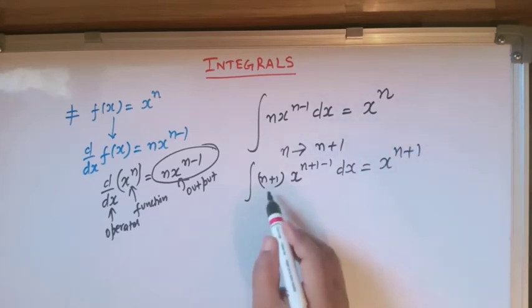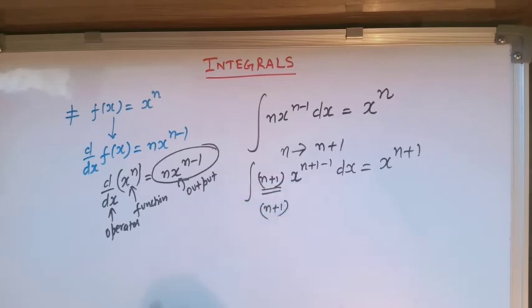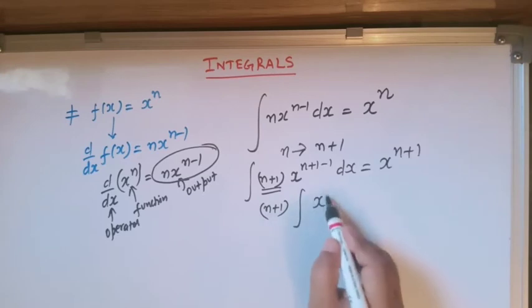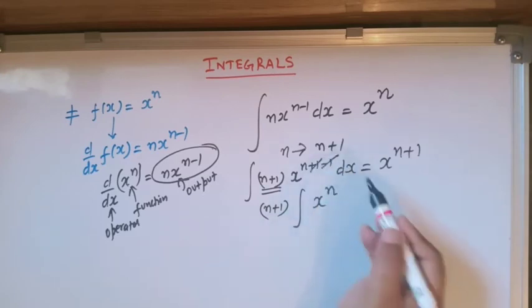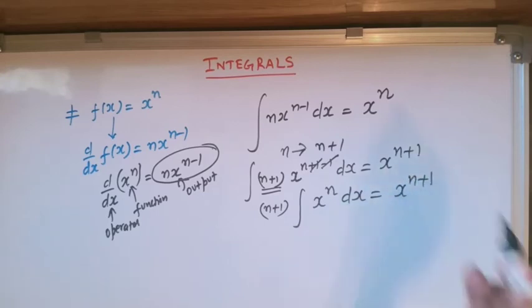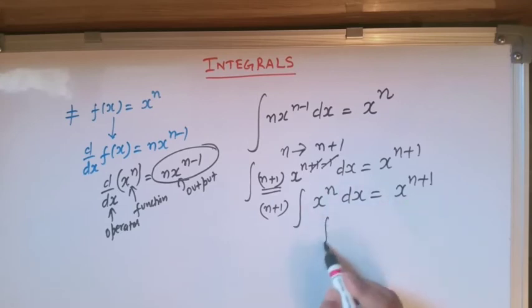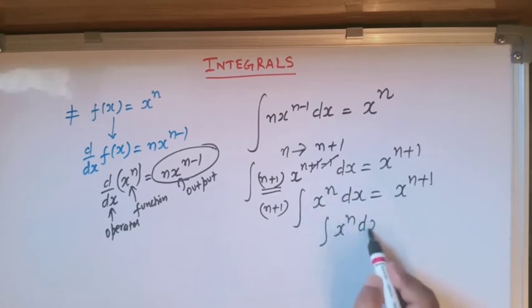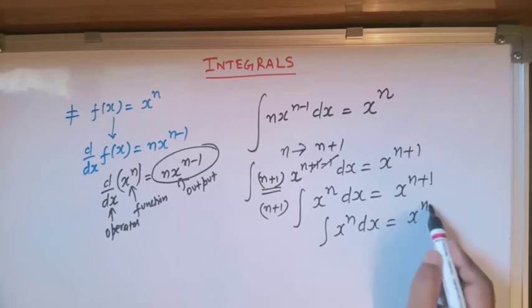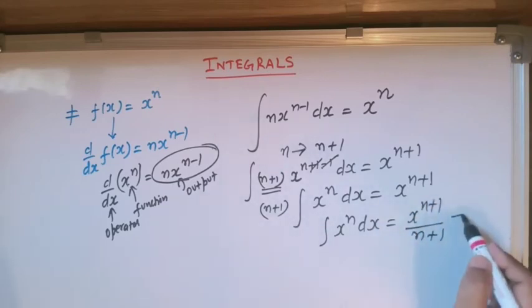Now this is a constant, so we take it outside the integral sign. So we have x raised to n. This 1 and 1 get cancelled, and we have x raised to n plus 1. Now taking this n plus 1 to the denominator, we have the integral of x raised to n dx is x raised to n plus 1 divided by n plus 1, along with the constant of integration. Clear?